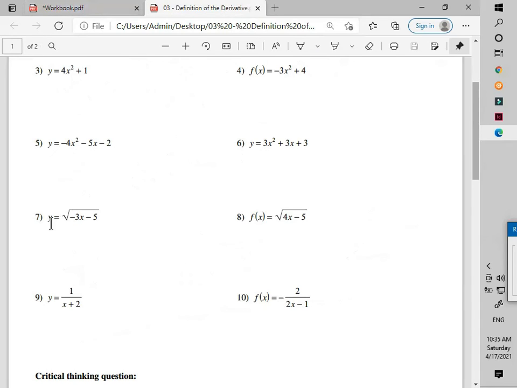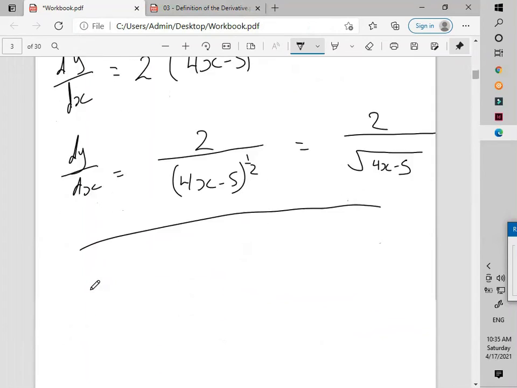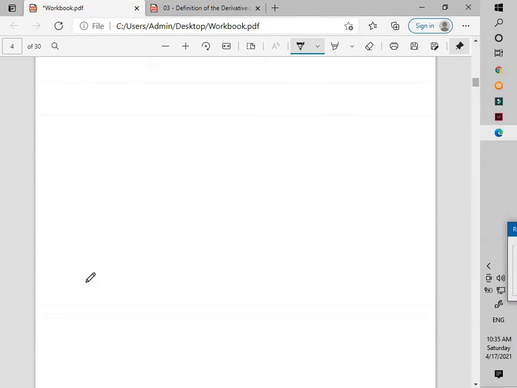Alright, so we have now some doozies to work with, number 9 and number 10. y is equal to 1 divided by x plus 2. Now, like before, you need to rewrite this. Because this is in the numerator, I just bracket it off.